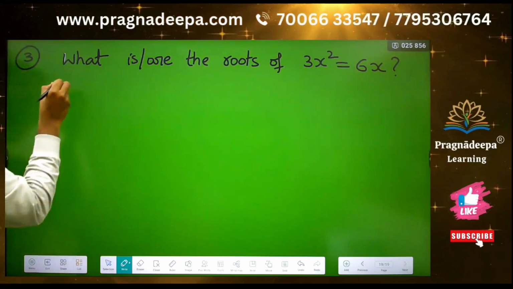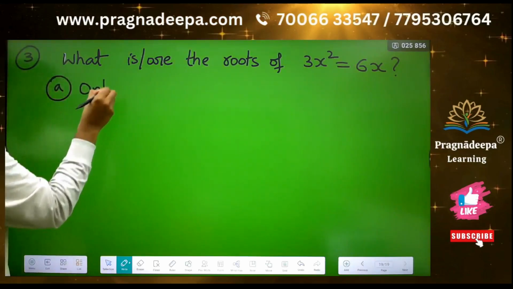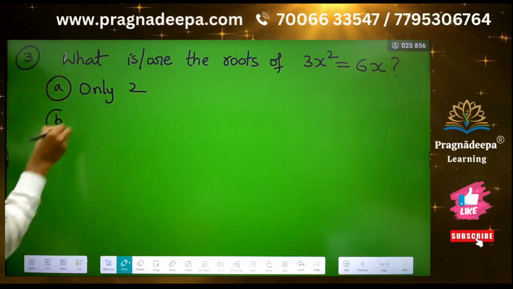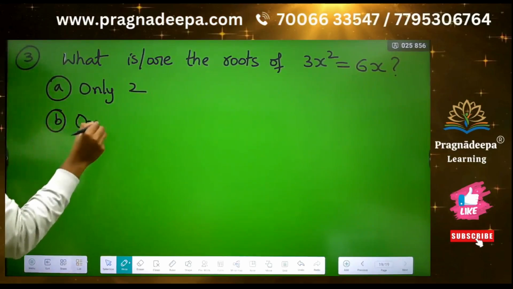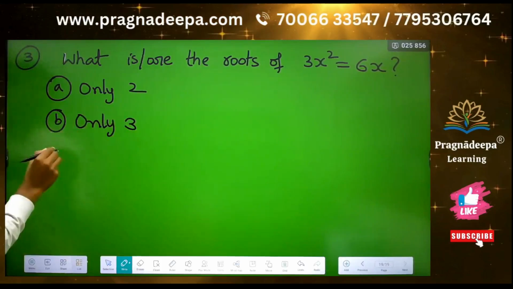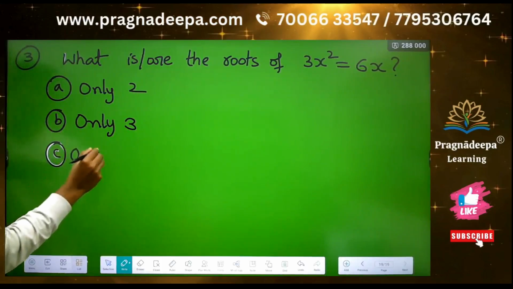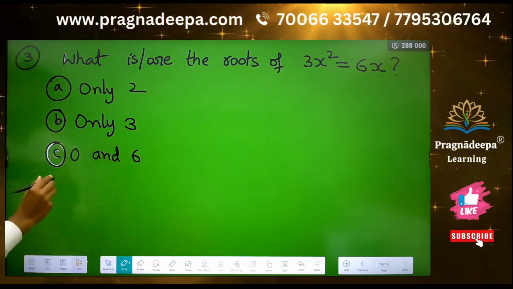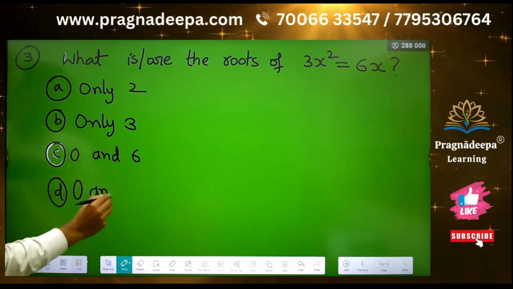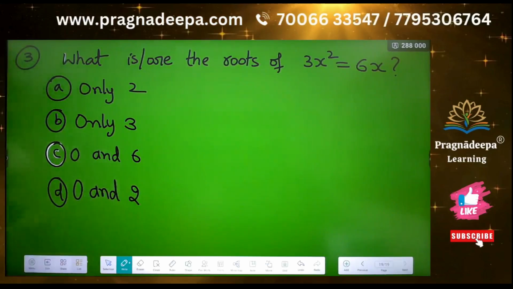So they have options like this: option A is only 2. Option B is only 3. Option C is only 0 and 6. Option D is 0 and 2.